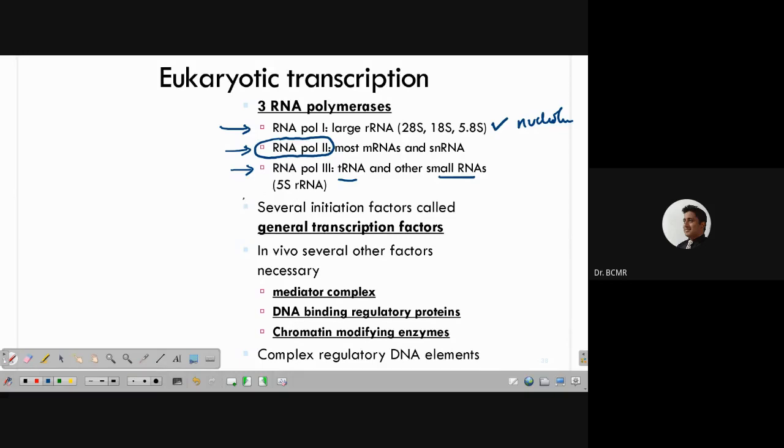Majority of them that are common in the transcription of most genes are called GTFs, general transcription factors. Okay, but within the cell, there are many other components, something like the mediator complex.